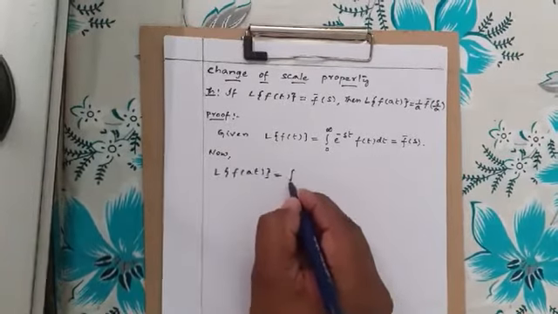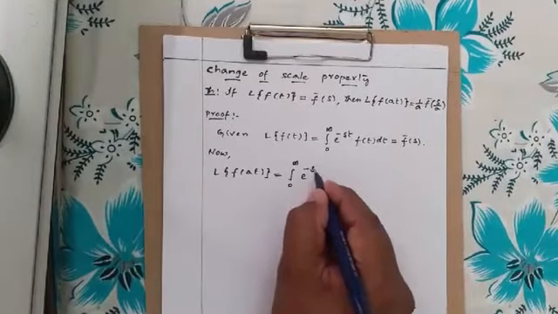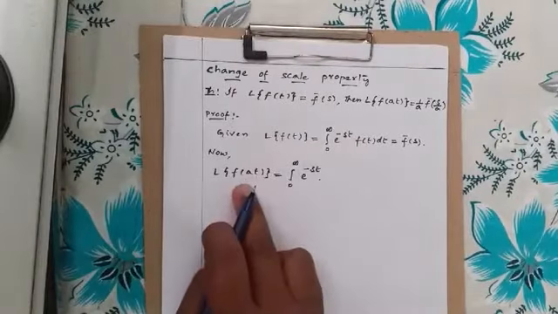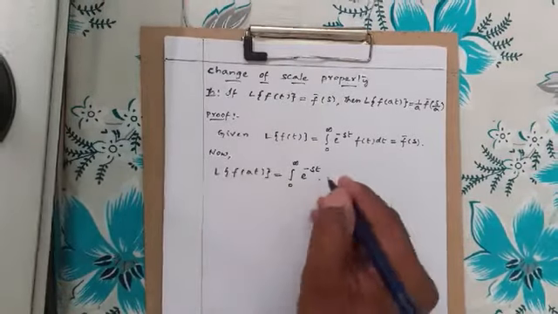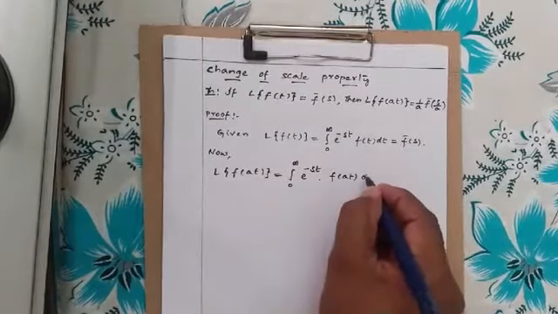is equal to integral 0 to infinity e power minus st, and then in the place of f of t we have f of at. So we write here f of at and then we write dt.